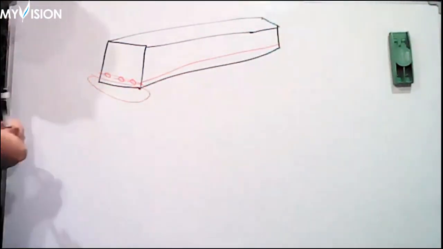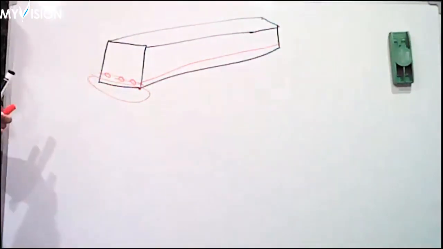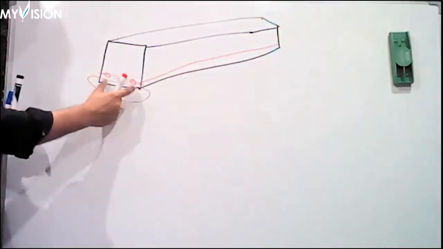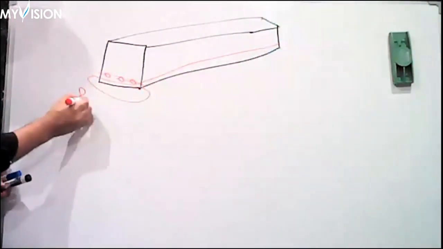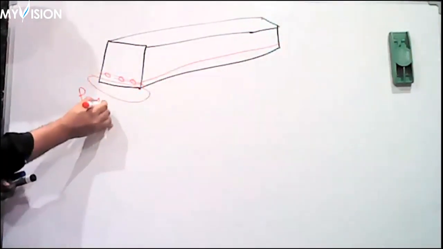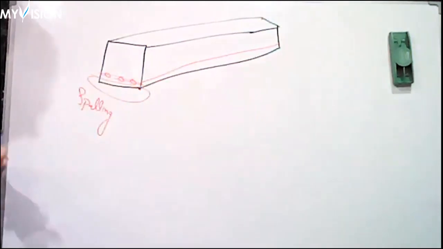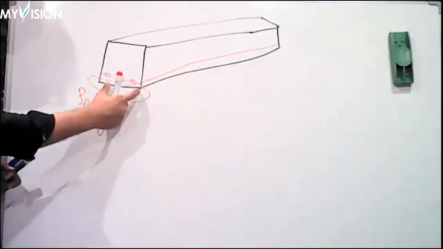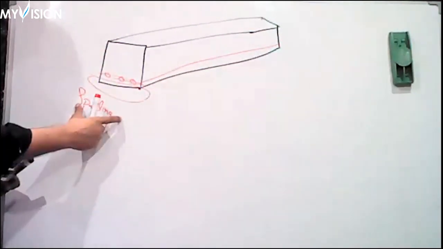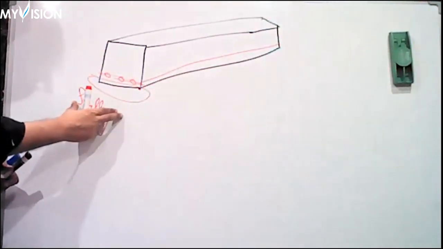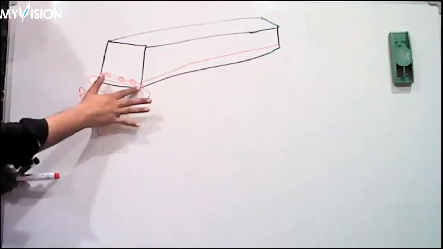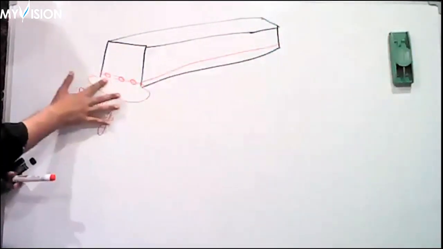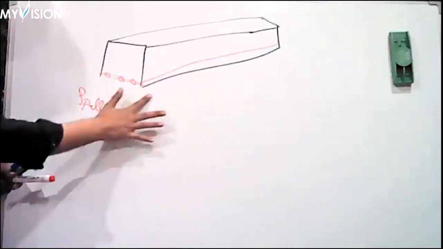If this lower part is dismantled, we usually call this failure spalling failure. If this lower part of the beam, this cover of the beam, is dismantled or fails in case of spalling, then what will happen? Can you see these steel bars?